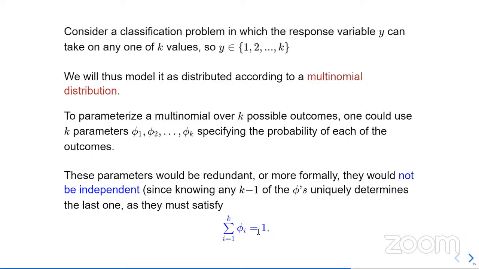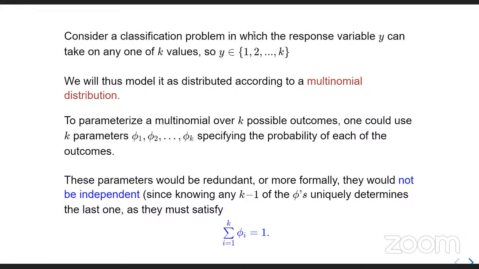So what is the difference between categorical variable and multinomial distribution? Multinomial is essentially like Bernoulli and binomial. Bernoulli is individual trials, and binomial is if you add up all the trials.